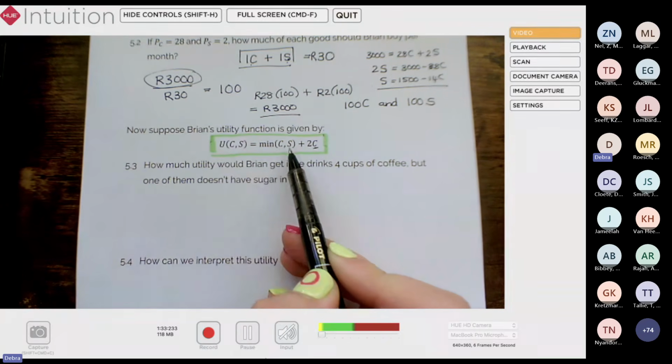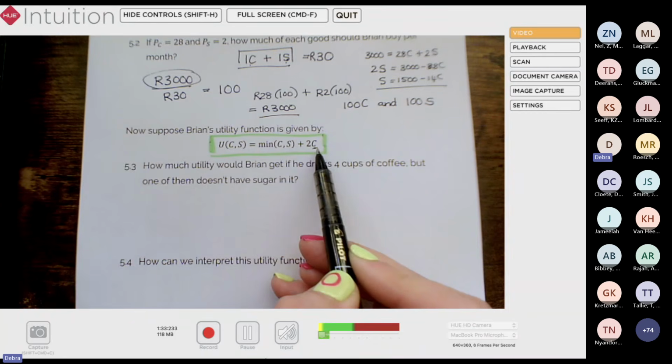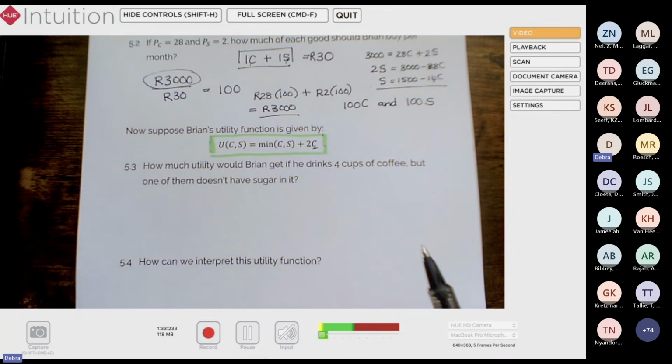But this bit here actually says, you know what? He's actually okay drinking coffee without any sugar at all. So this represents a person whose utility depends on coffee and sugar, but more so on coffee. So he could get utility even if he consumed no sugar. Okay, so we're just adding a little extra bit of something to his utility function here.